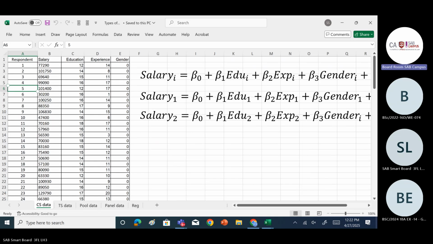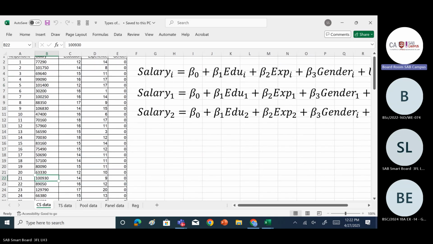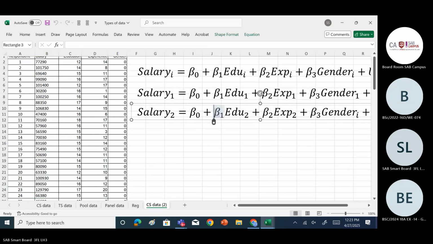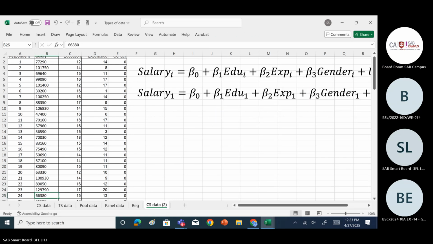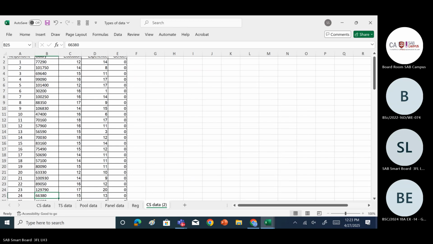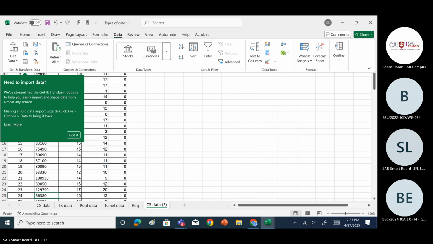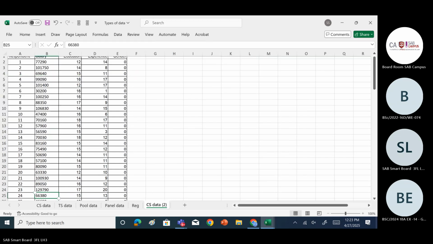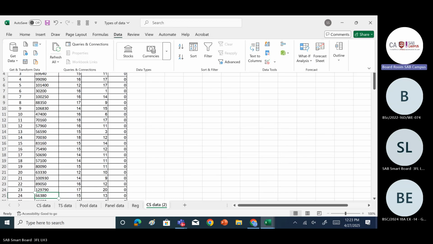First we include the data regarding the dependent variable, and after that the independent variables. Normally, we are going to analyze the data set with this Data tab.